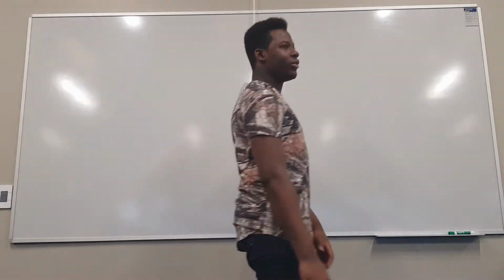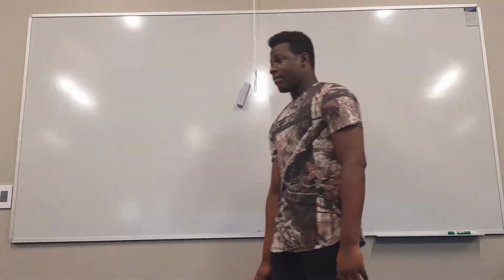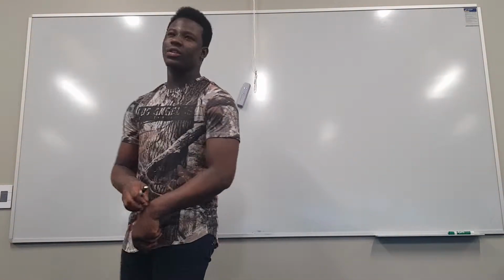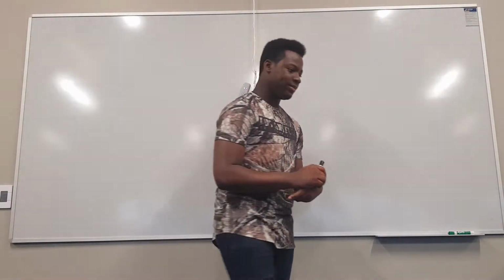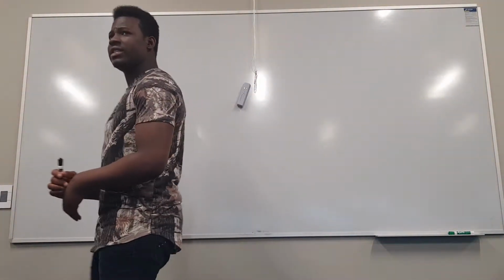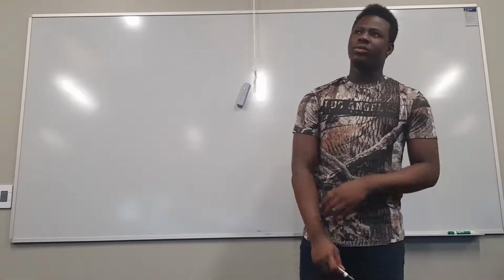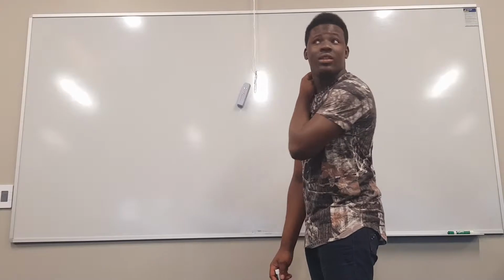Today's video, we will be continuing from where I stopped last time. I stopped at half and double angle identities. Well, I started off with double angle identities. Before that, I did supplementary angle identities, and before that, I did two examples.